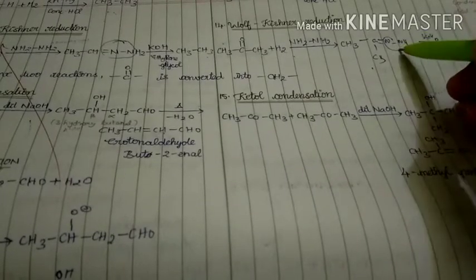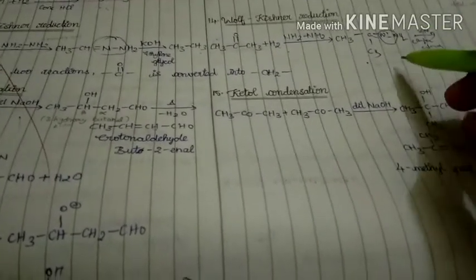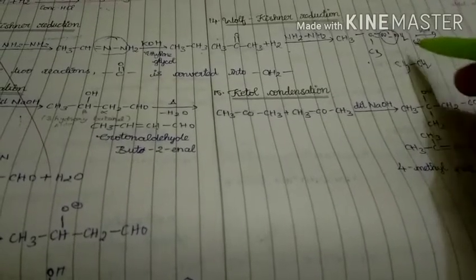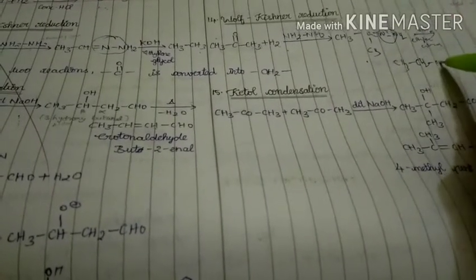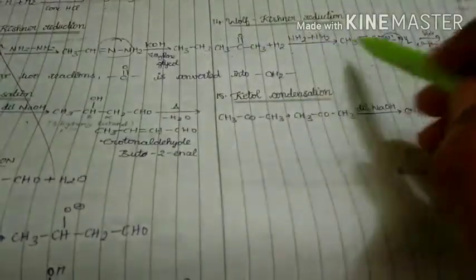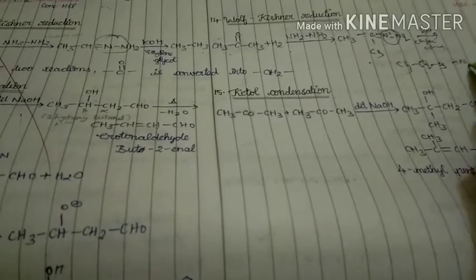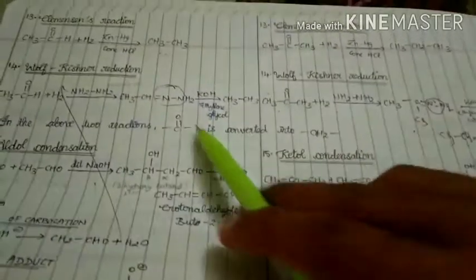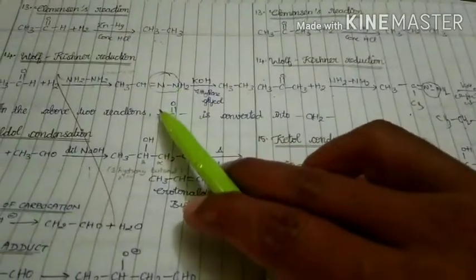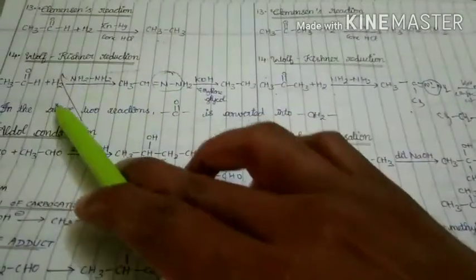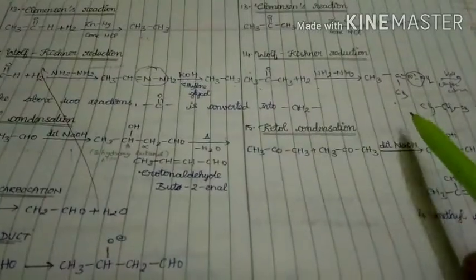This N2 will be removed. Finally we get which one? CH3 CH2 CH3. That means this C double bond O was converted into CH2. N2 is the byproduct. So this is also one of the named reactions. Which one? Wolff-Kishner reaction. Here also, what phenomenon takes place? Here also C double bond O is converted into a CH2 group.